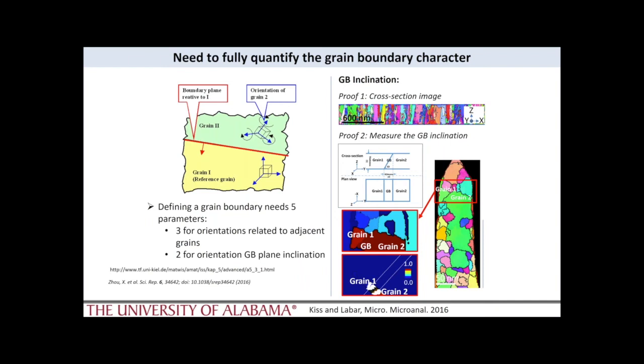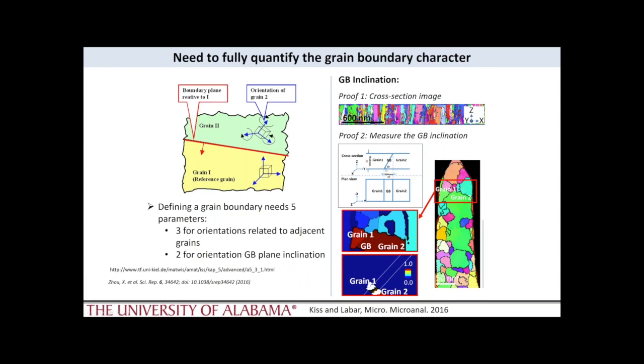But to properly quantify a grain boundary, you need to know all 5 parameters, i.e. you really need to understand and know what the grain boundary inclination plane is. Now in PED, there's a really nice paper by Kiss and Labar in Microscopy and Microanalysis in 2016 that talked about using PED, and as you go across the boundary, you'll start to get an overlapping of the diffraction signals or diffraction patterns from grain 1 and grain 2.